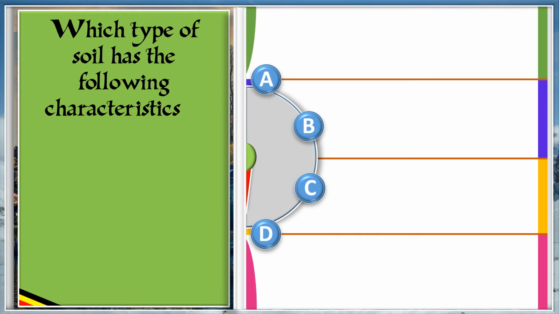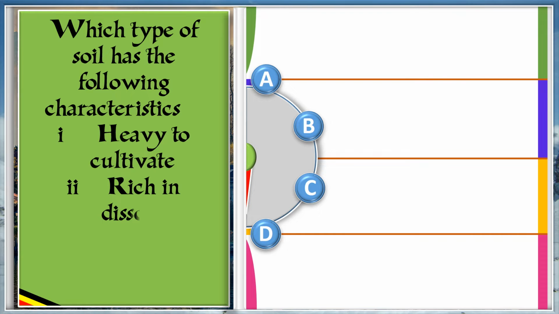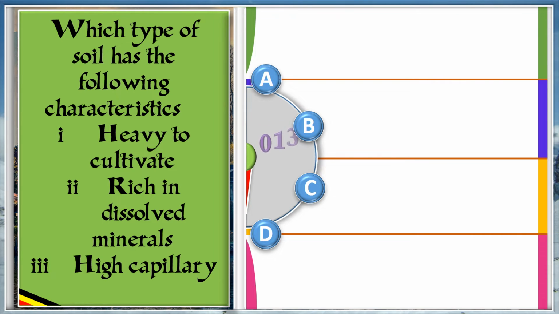Which type of soil has the following characteristics? 1. Heavy to cultivate. 2. Rich in dissolved minerals. 3. High capillarity.